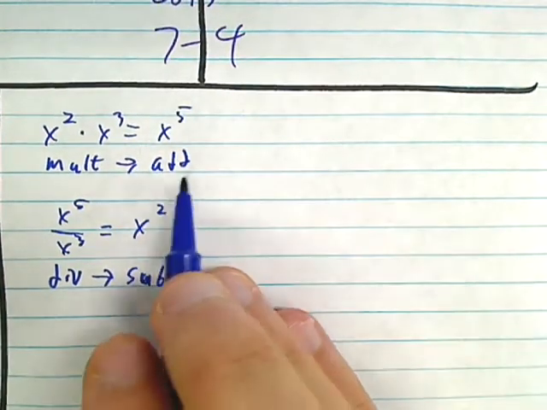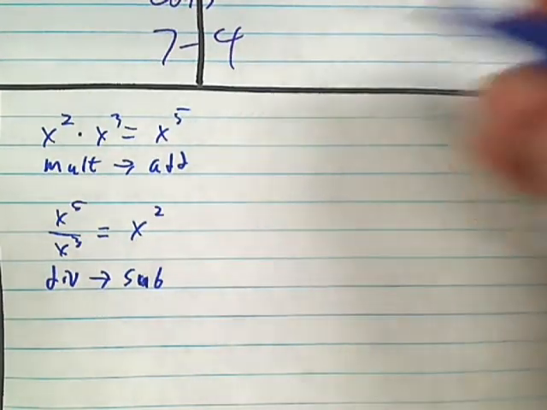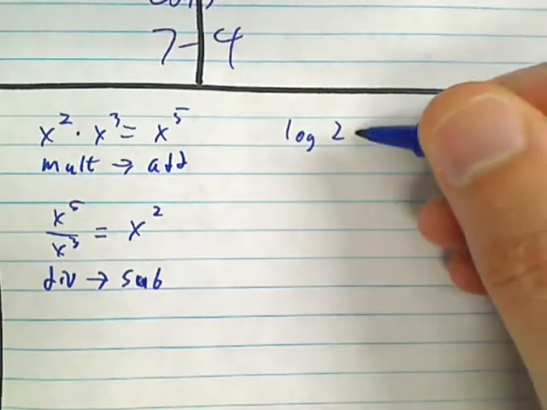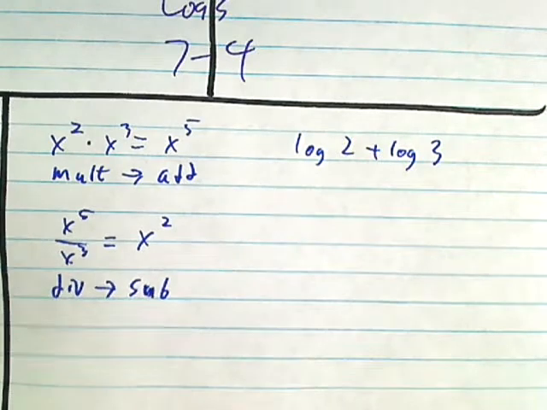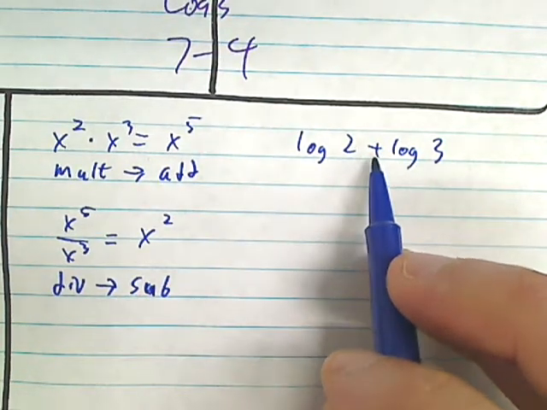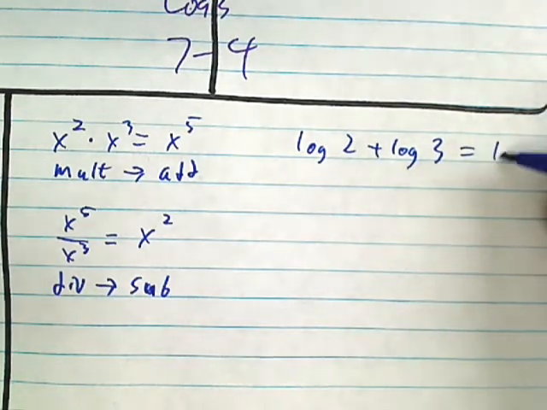So we're going to start by adding some logarithms. Let's say log 2 plus log 3. But we also have to invert what we do then. The addition becomes multiplication of those numbers. So this is log 6.